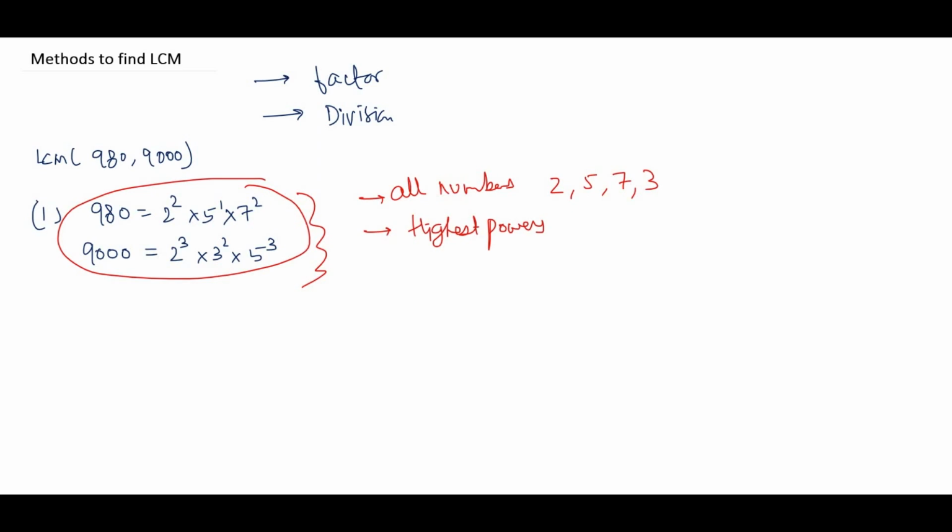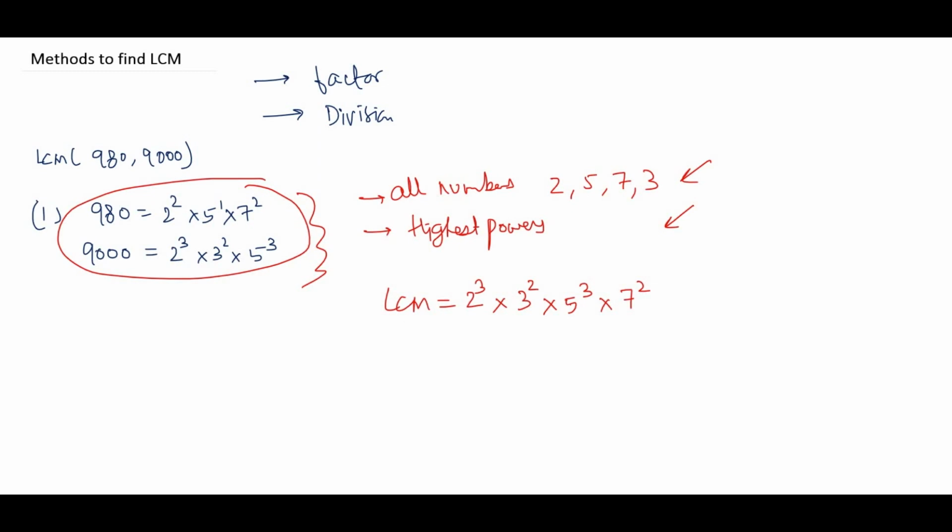So in LCM, we take the highest powers. So the difference here is we take all the numbers and we take the highest powers. So the LCM would be: the highest power of 2 is 3, 2 to the power 3. The highest power of 3 is 2, 5 to the power 3, and similarly 7 square.